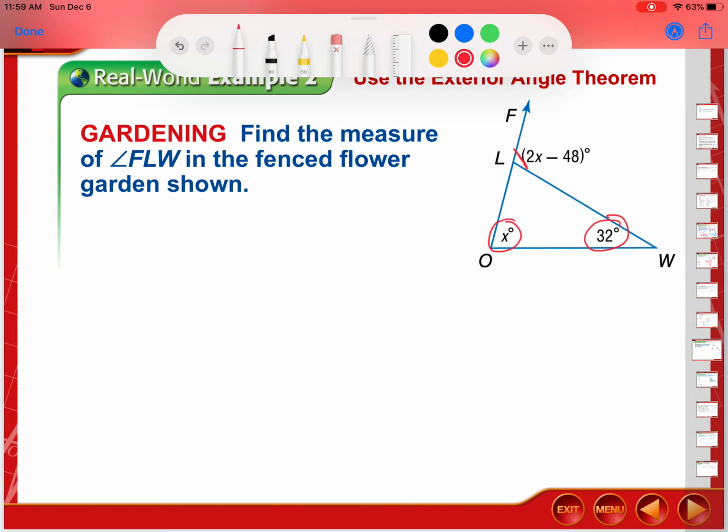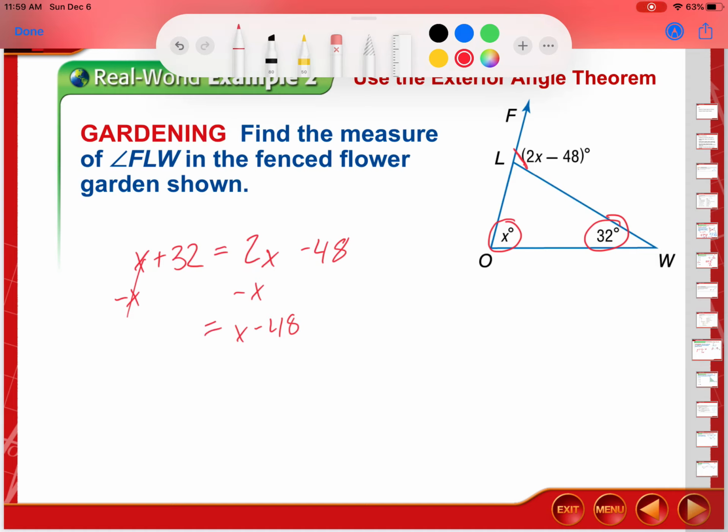Okay, and we know FLW is going to equal angle O plus angle W. So based on that exterior angle theorem, we could say x plus 32 is going to equal 2x minus 48. So we could go ahead and solve this equation to find out what x equals, and then we could use that to find out the angle of FLW.